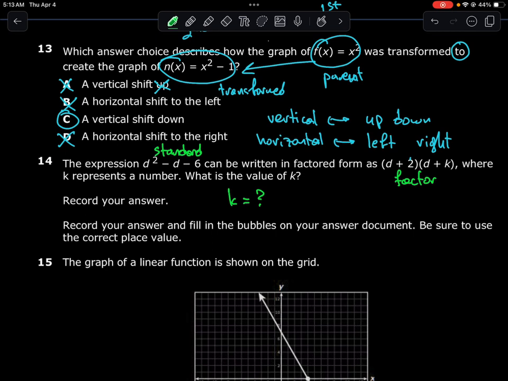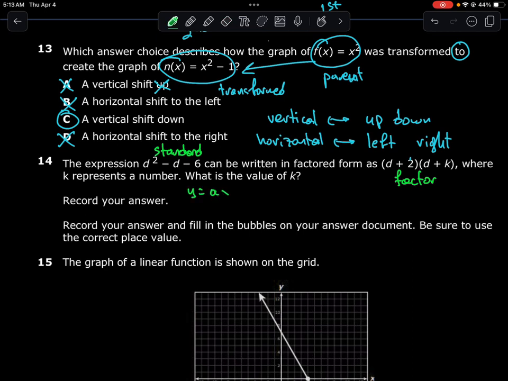At the same time, I will need to know some theory, some formula. What is that? First of all, I need to know that the standard form looks like that.